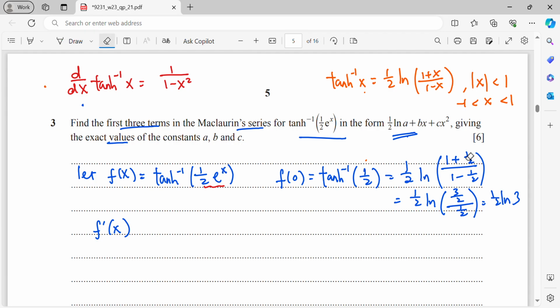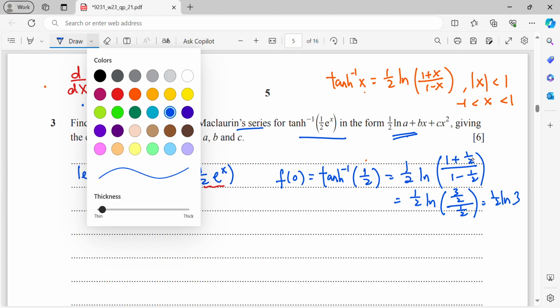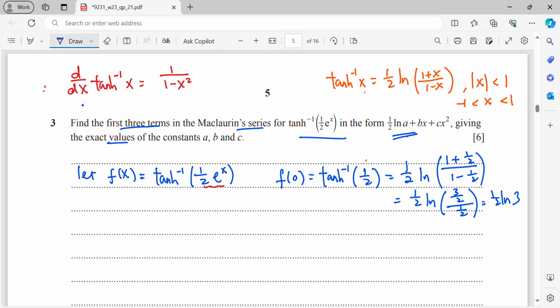Therefore, before I differentiate, I will introduce the substitution. My u will be half e to the x. Alright, so I will let u equal half e to the x. Then from here, I need to get my du dx. So my du dx is basically half e to the x as well. Or I will say that half e to the x can be replaced by u. Therefore, my du dx is u.